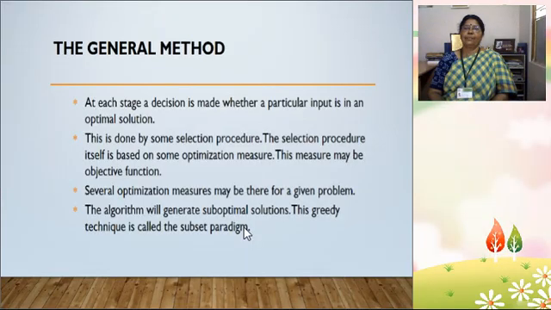On the other hand, the ordering paradigm finds an optimal ordering of the inputs. It includes all the n inputs, but finds an ordering that optimizes the given function. So before applying, we should know the two types of paradigms, subset paradigm and ordering paradigm.